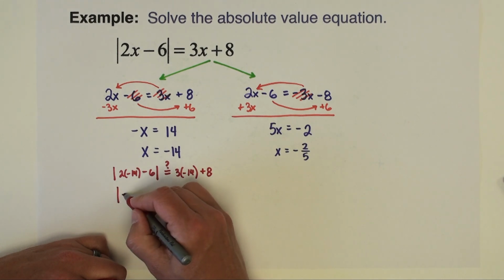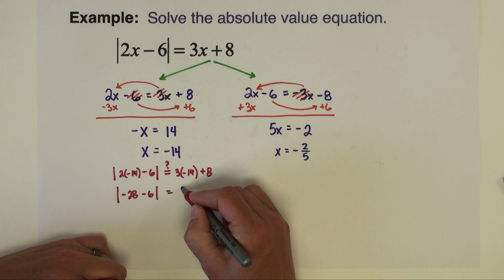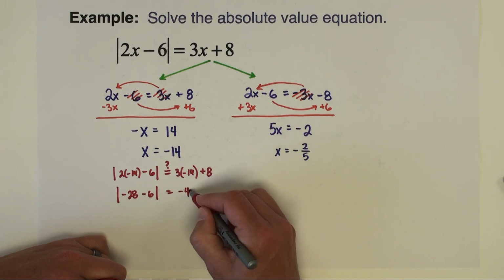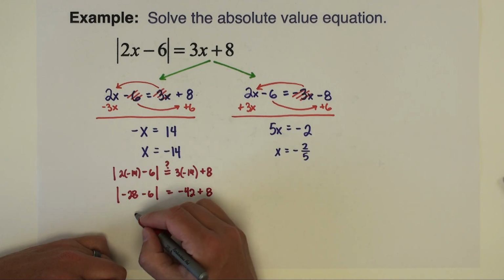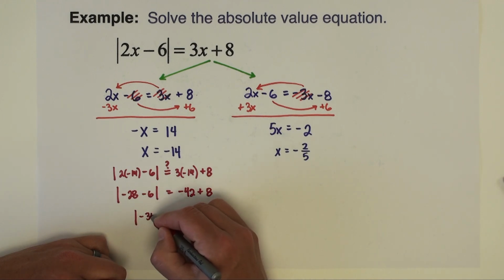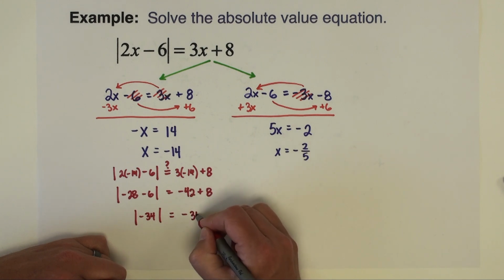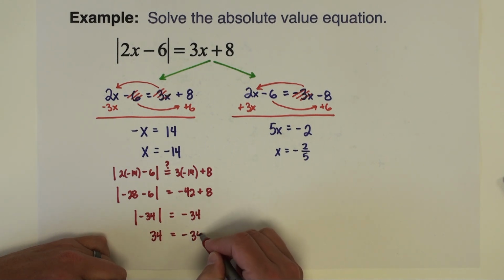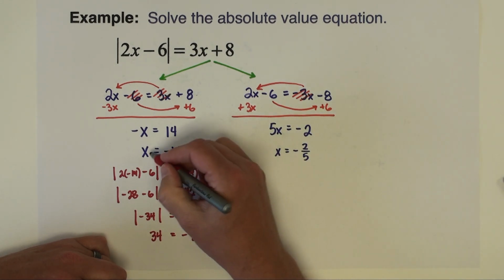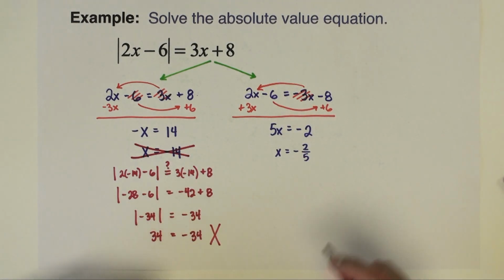So I got absolute value of negative 28 minus 6 equal negative 42 plus 8. So here I have absolute value of negative 34 equals, this is going to be negative 34. But because this is an absolute value bars, we get 34 equals negative 34, which doesn't work. So that did not check out.